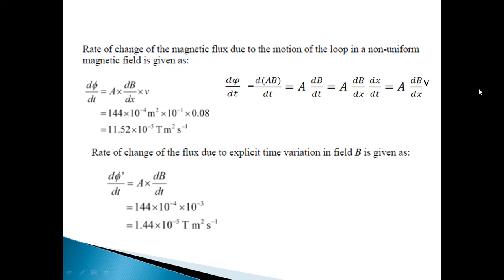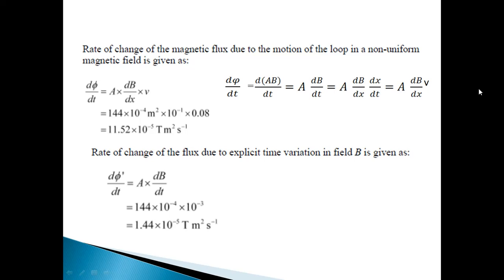So we get d phi by dt equal to A into dB by dx into V. Now all these factors are given in the question: area of the coil, then the gradient, magnetic field gradient dB by dx, and velocity. So you get your answer for rate of change of magnetic flux as 11.52 into 10 to the power minus 5 Tesla meter squared per second. So this is one part.